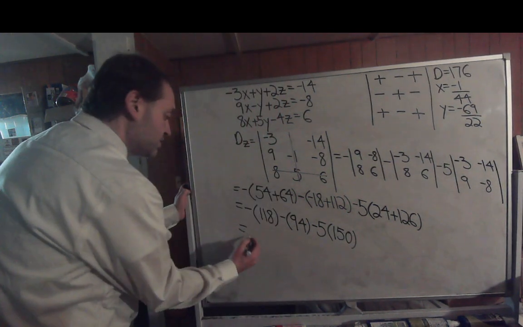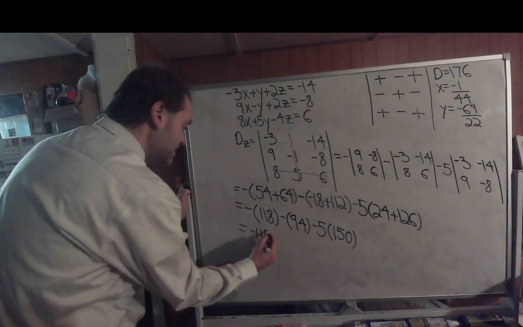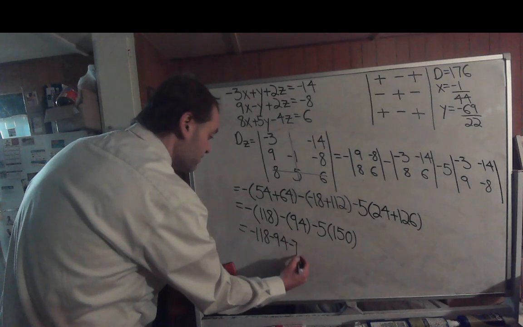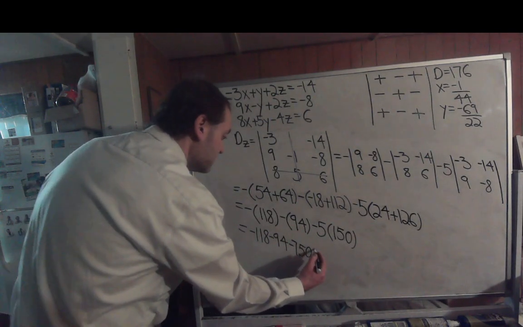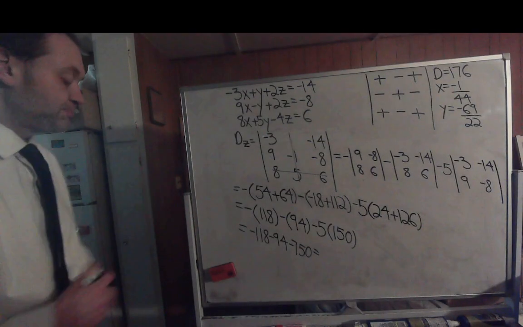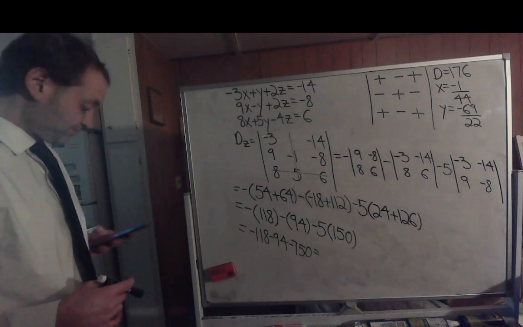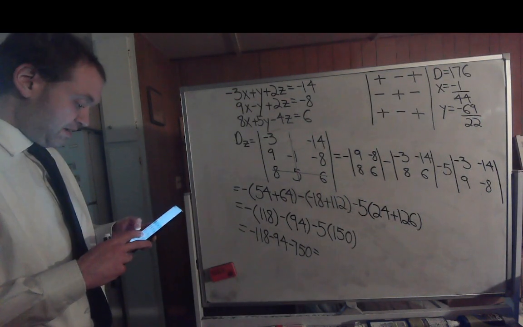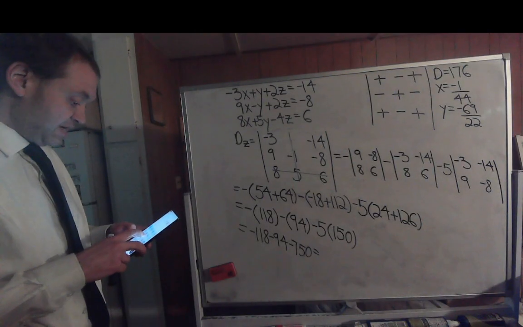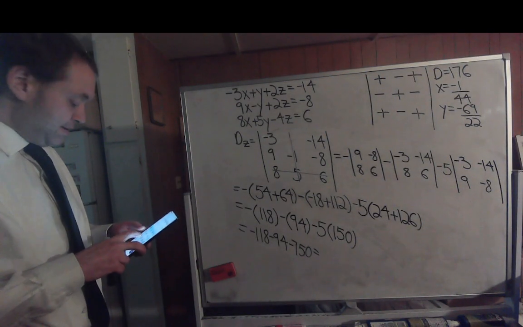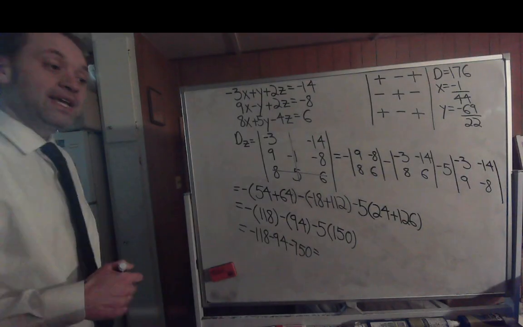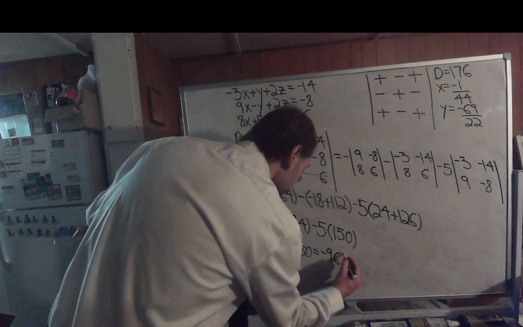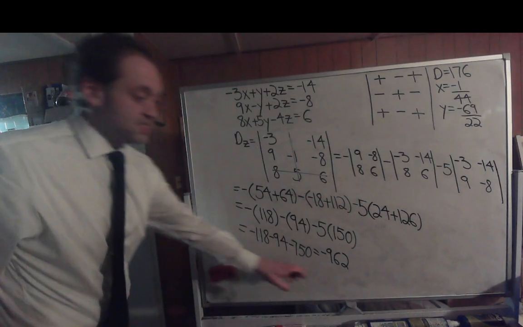Alright, so this will turn into negative 118 minus 94 minus 750. What a large negative number we're about to have. Let's figure that out. Negative 118 minus 94 minus 750, that's negative 962. So d sub z is negative 962.